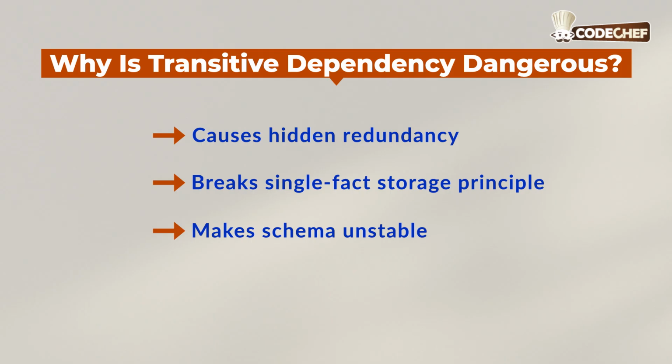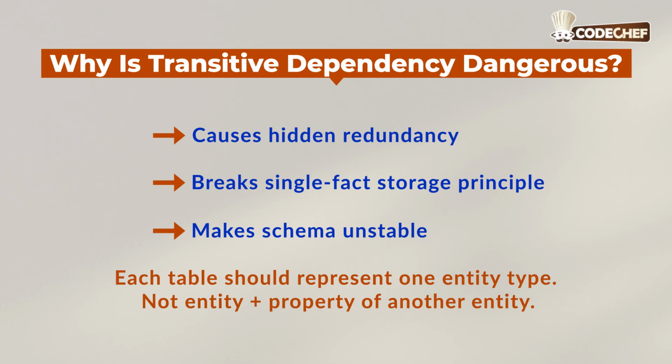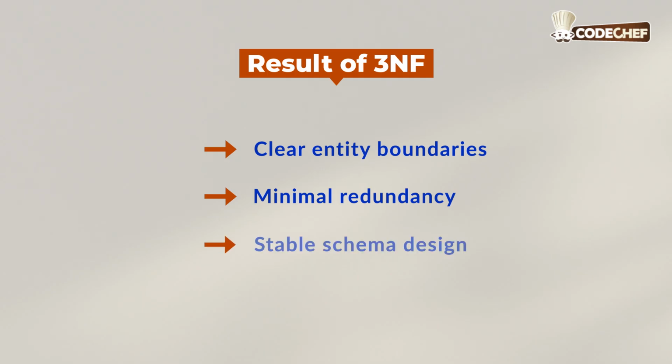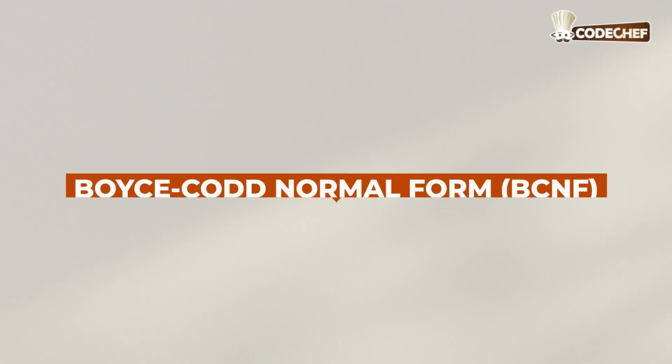And it makes the schema unstable. Schema means the database design. Each table should represent one entity type, not an entity plus a property of another entity. What are the results of 3NF? Clear entity boundaries, minimal redundancy, and a stable schema or database design.